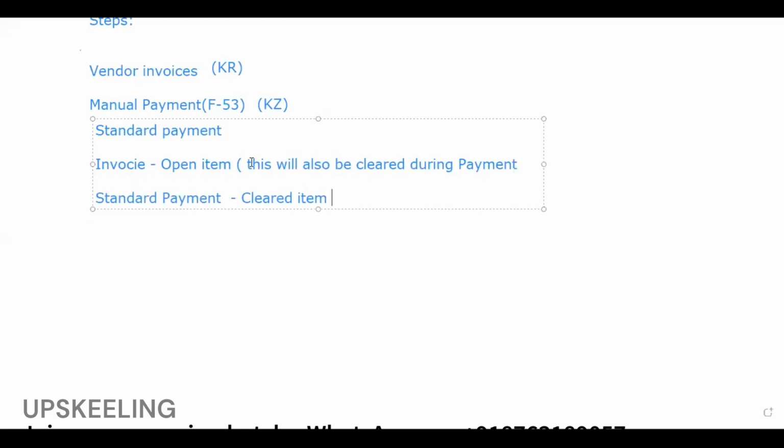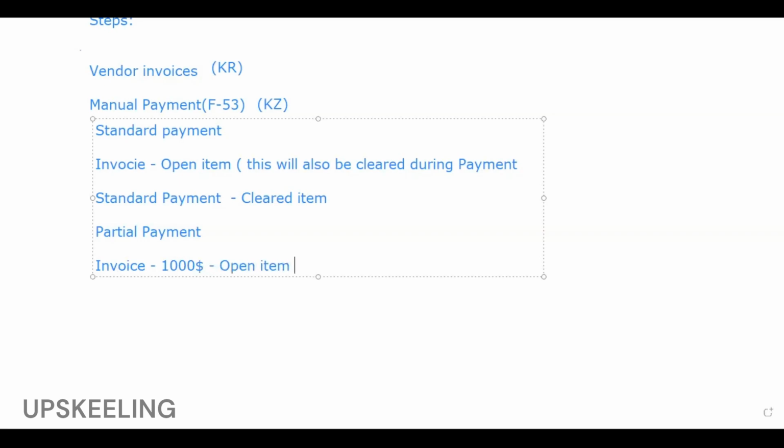Now, what happens in the partial payment? For example, you have an invoice with a value of $1,000, and this remains as an open item. Now you are making the partial payment.